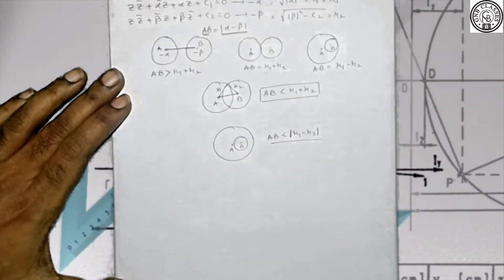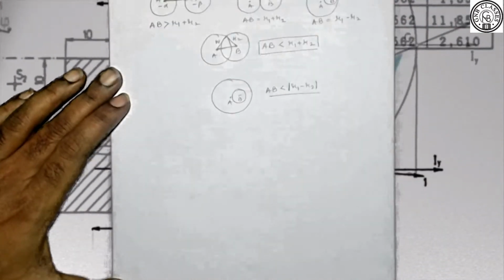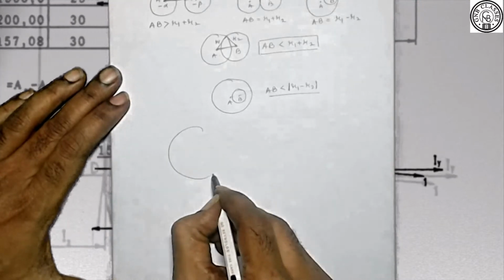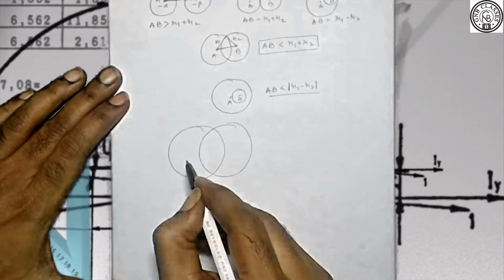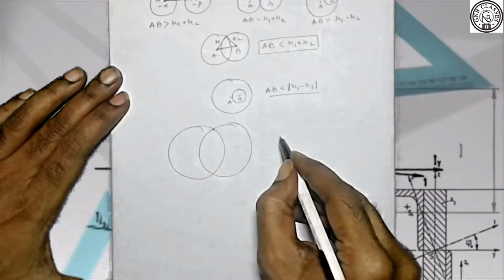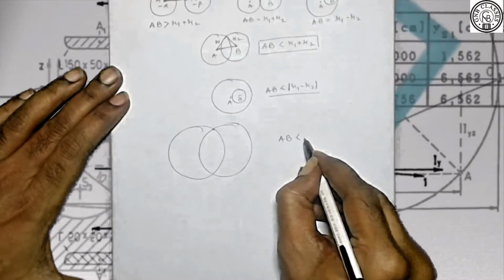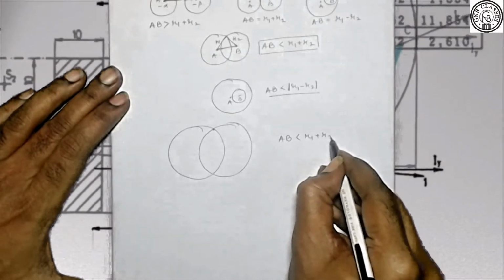Is it clear? Fine. So these are the 5 cases that we must remember. Let me take the case where these two circles are intersecting each other at two distinct points, that is, the distance between their centers is less than the sum of their radii.